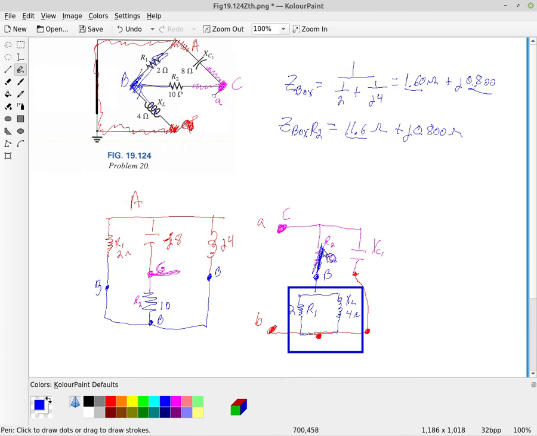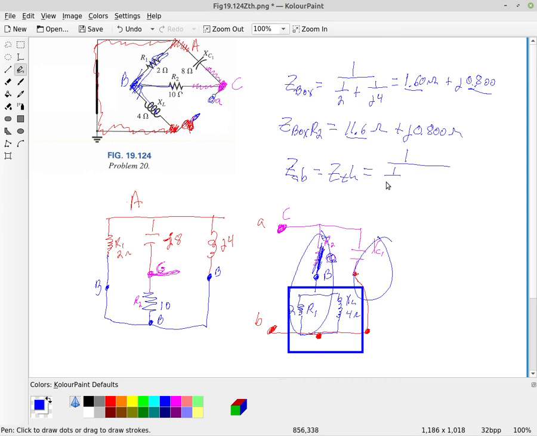And then this whole section now is in parallel with the capacitor. So ZAB, Z lowercase a to b, is that impedance that we were looking for. So that is our Thevenin impedance. And that's just 2 parallel combinations.